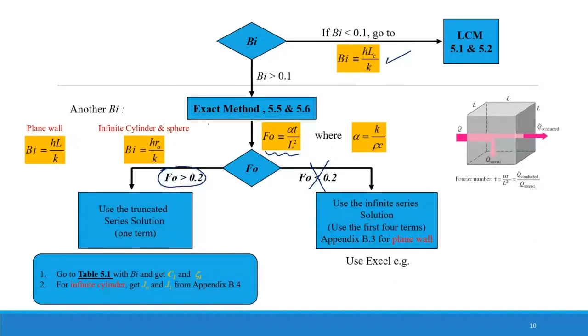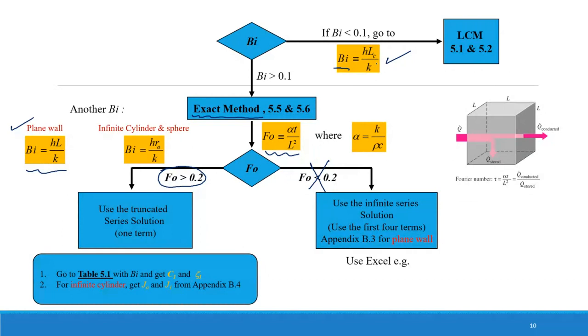The important thing here is that when you go into the exact method, you have to recalculate the Biot number again based on these two equations. In the plane wall the value doesn't change, but in the cylinder and the sphere it will change, because the characteristic length was r/2 for the cylinder and r/3 for the sphere, but when you calculate Biot number for the exact method, it should be multiplied by r, not by that characteristic length.